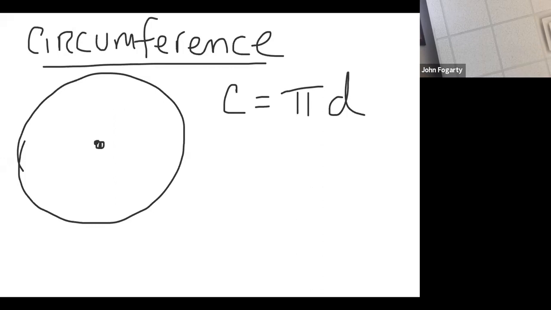But sometimes they give me the radius. Well, I know the radius times 2 is the diameter, so 2 pi r. You can use either one based on what information they've given you. Does that make sense? Yes, no, maybe?